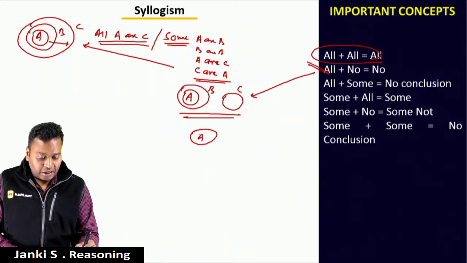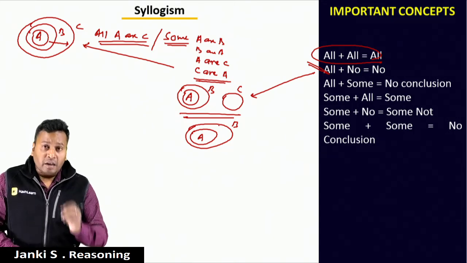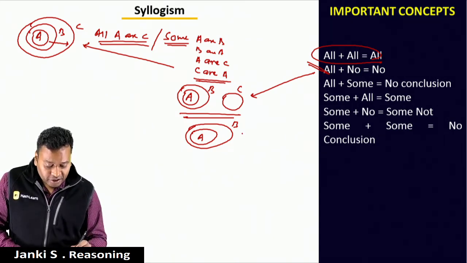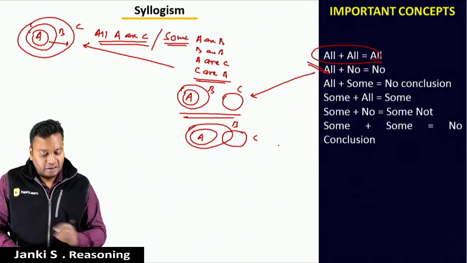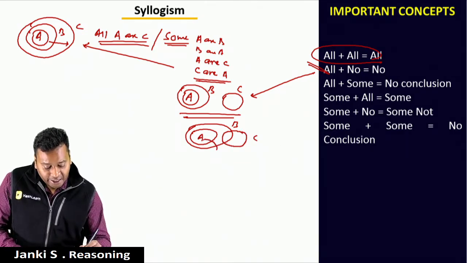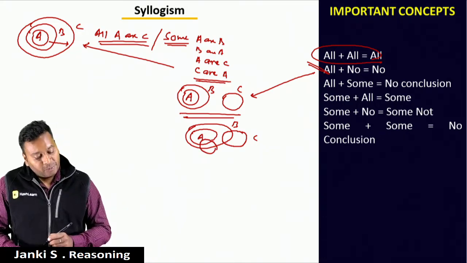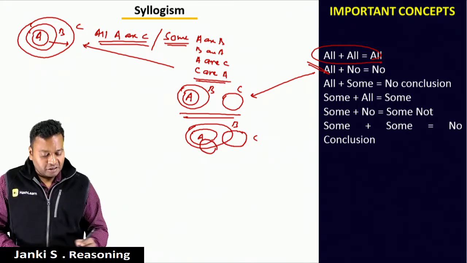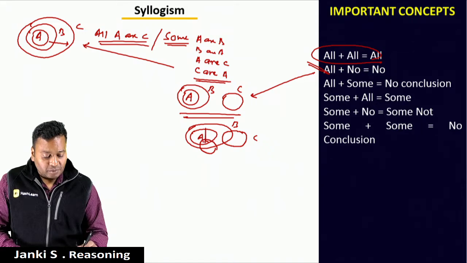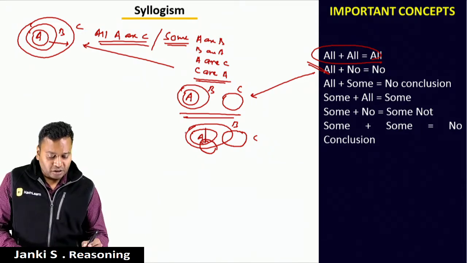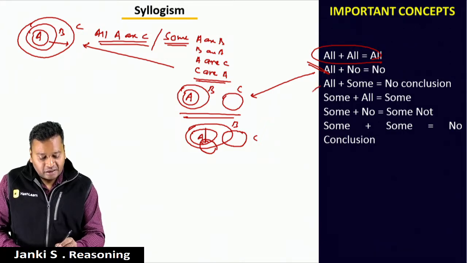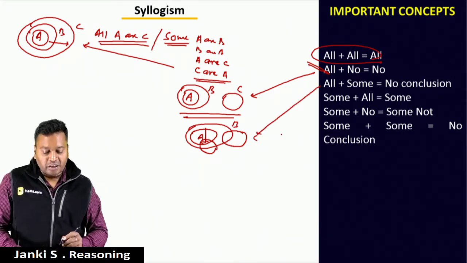So all A are B and some B are C. Now that is an important part here. C can be here, or else C can also cover this. That means I cannot justify the relation. Some represents this and no represents this, and some and no cannot be together. That means ideally there is no conclusion in this case.